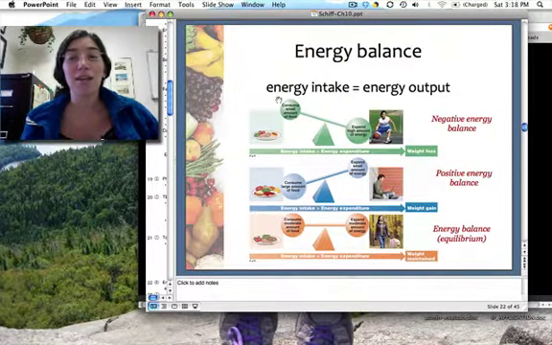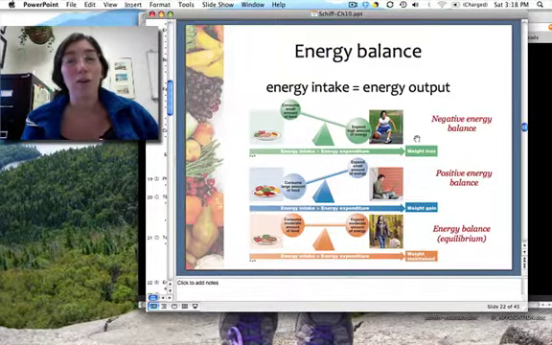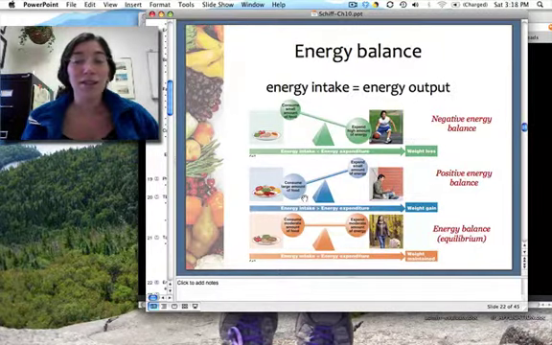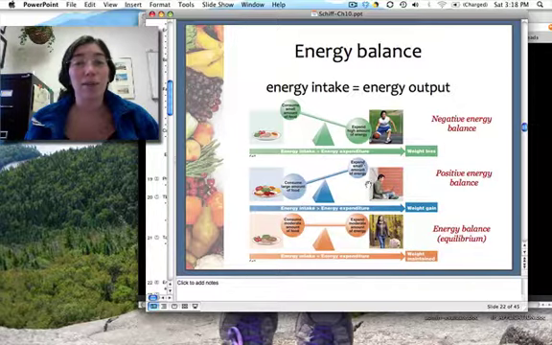So negative energy balance means that you are burning more than you're consuming. So your energy output is greater than your energy input, and it leads to weight loss. Positive energy balance means that your energy intake is greater than your energy output.